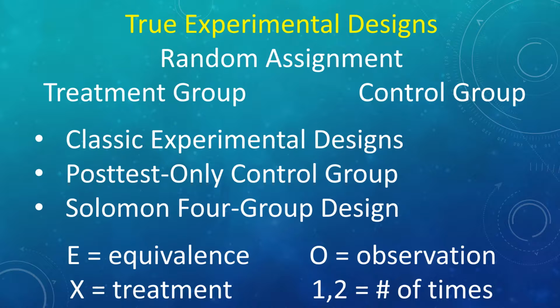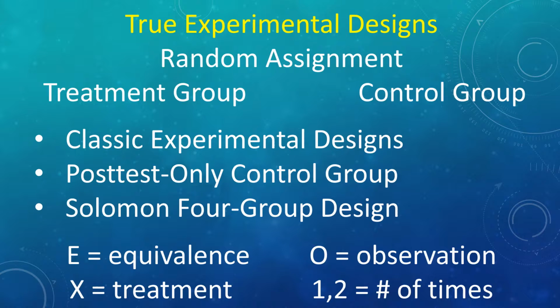There are two groups in a true experimental design: an experimental group receiving the treatment and a control group that is not exposed to the treatment. There are three main types of true experimental designs: the classic experimental design, the post-test only control group design, and the Solomon four-group design. But before we take a look at those, we must understand E, O, X, and the numbers 1 and 2.